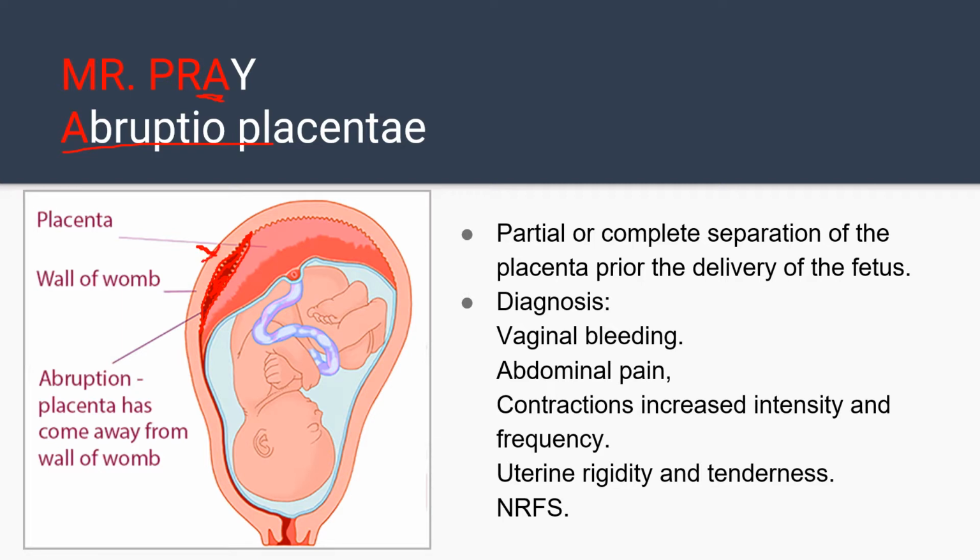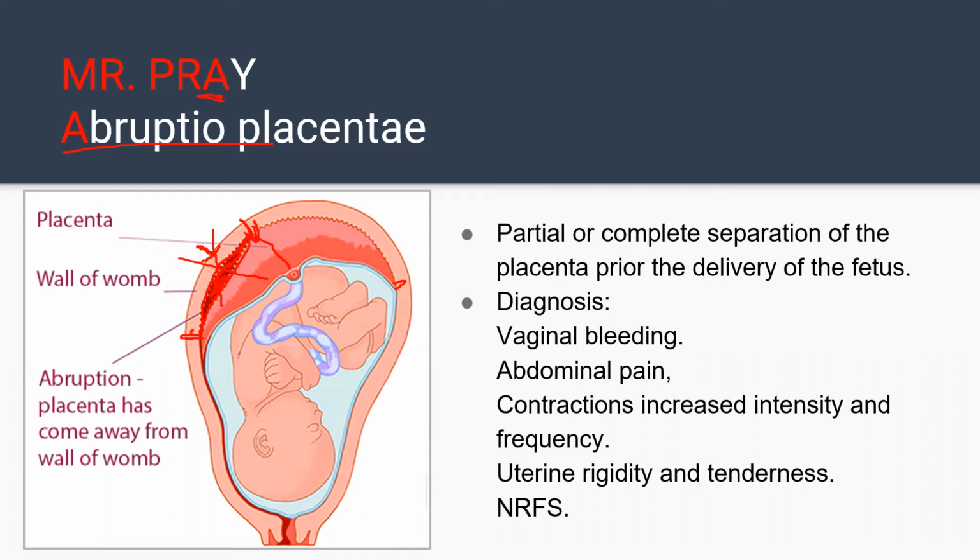So the exchange of blood here is not occurring. So the half of the placenta from here to here is not working. The only part of the placenta that gives nutrients to the baby is from here to here. So the baby can start suffering.